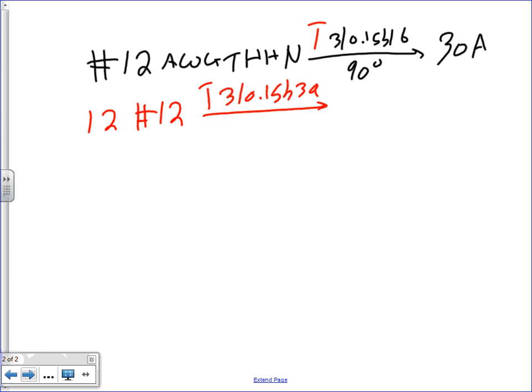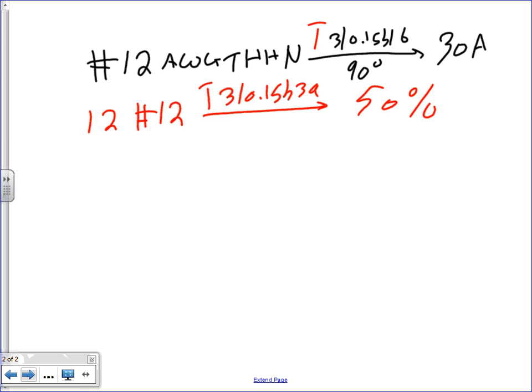These are tables. If you take 12 conductors, number 12, to this table, what's the derating factor? For 10 to 20 conductors, 50%. Cool? Are you guys with me? Everybody's okay with that?